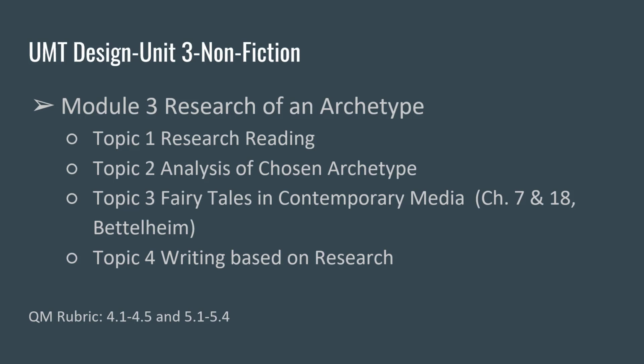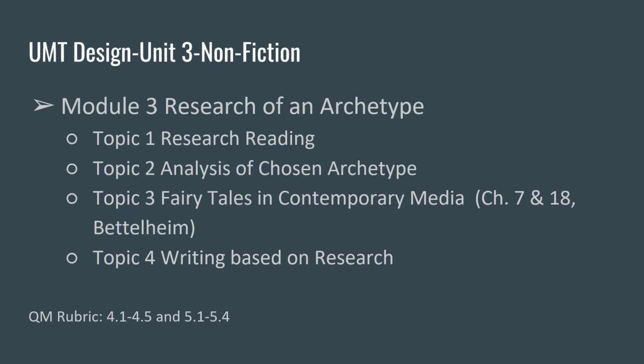So with the UMT Design Unit 3 Nonfiction, Module 3 would bring together all of the assignments from Modules 1 and 2 of this unit, and additionally build on Units 1 and 2 toward the research of an archetype. So topic 1 would look at research reading. How do they take the strategies that they've been learning and apply that to reading for research?